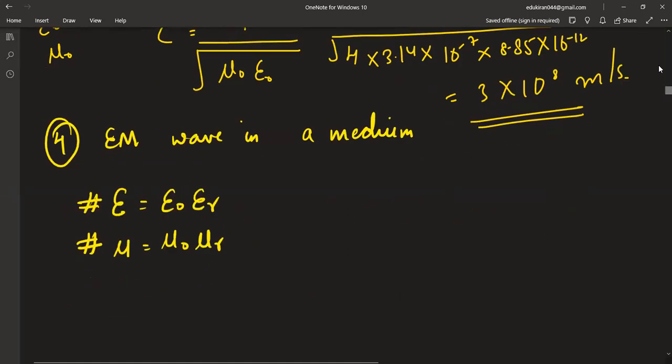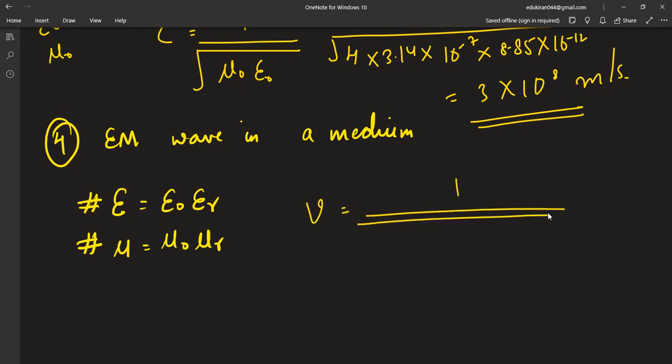When you are talking about the electromagnetic wave in a particular medium, I had told you that for different media you have the concept of relative permeability and relative permittivity. So both of these will be applied over here. When we are talking about the velocities, instead of just writing permeability, we'll have mu naught multiplied by mu r, the relative permeability.